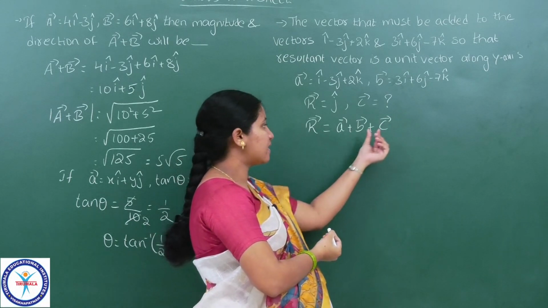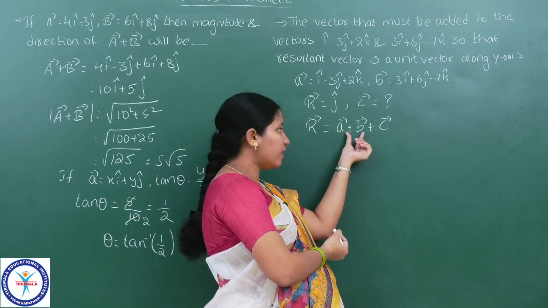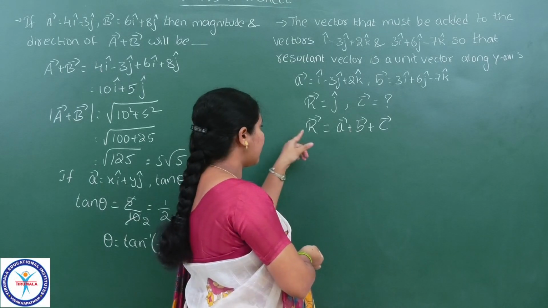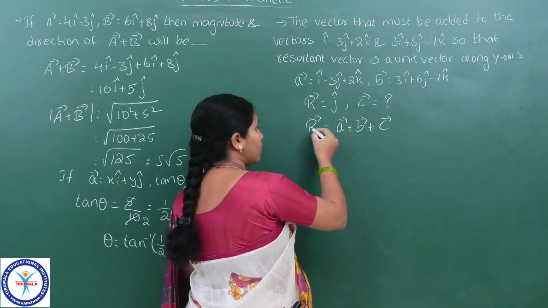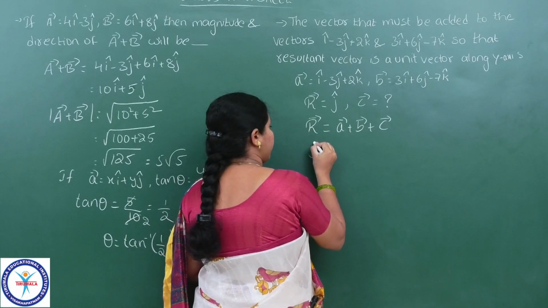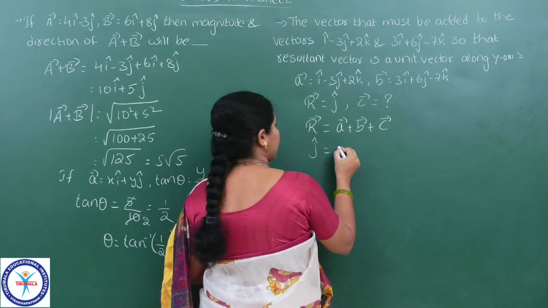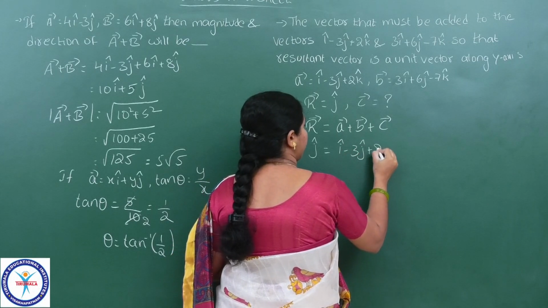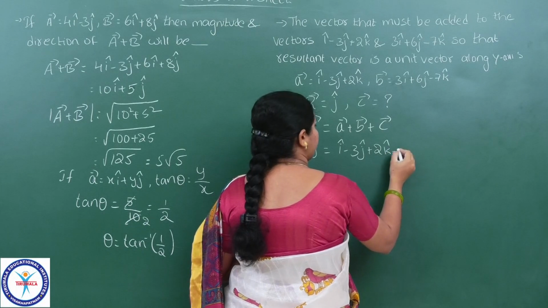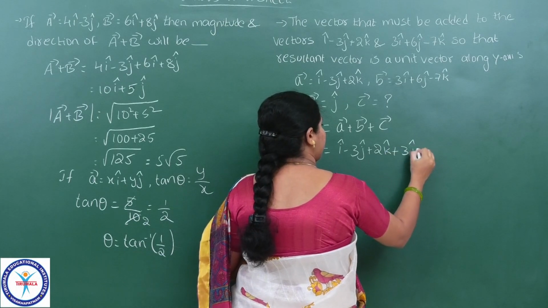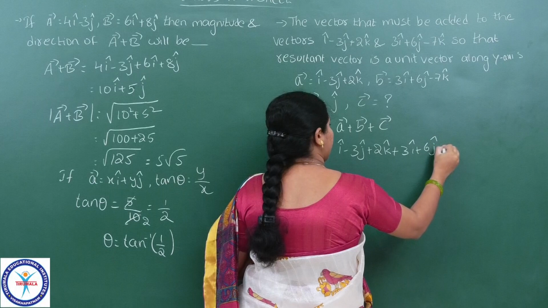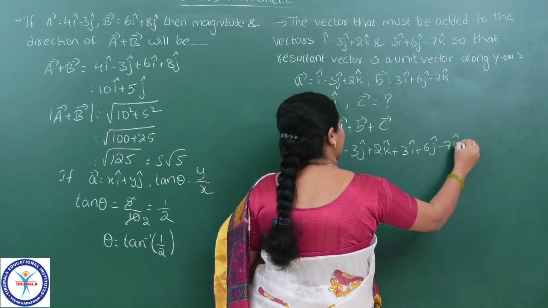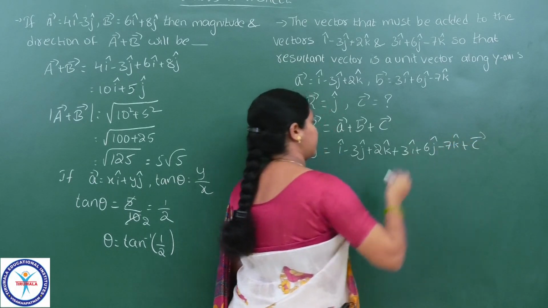So we must add c bar to the resultant of A bar plus B bar so that the resultant is r bar, which is equal to j cap, equal to A bar, i cap minus 3j cap plus 2k cap, plus 3i cap plus 6j cap minus 7k cap, plus c bar.